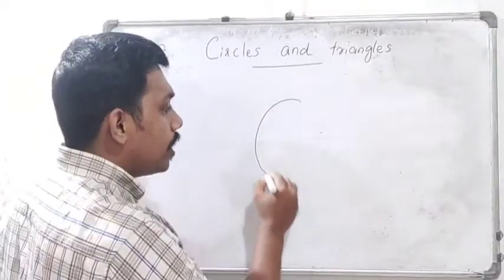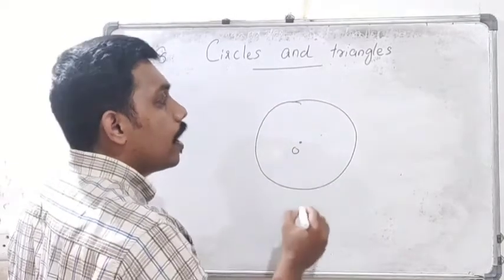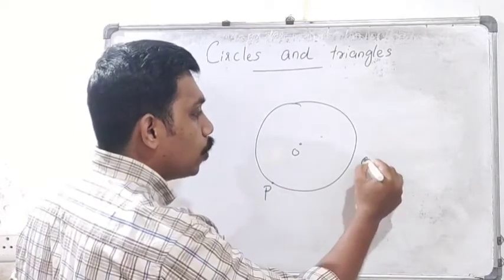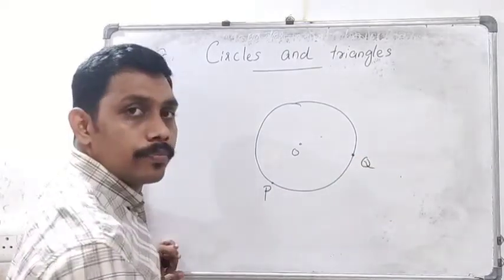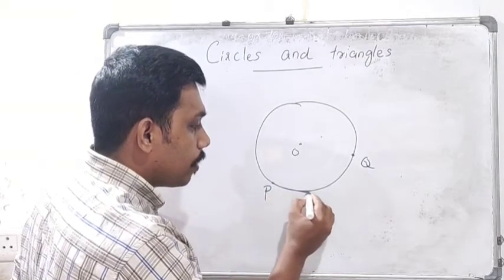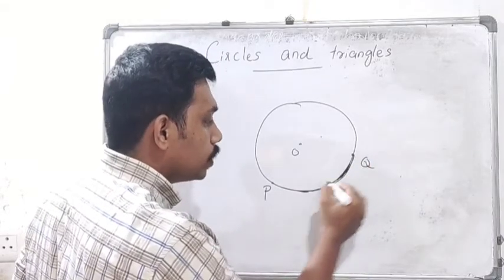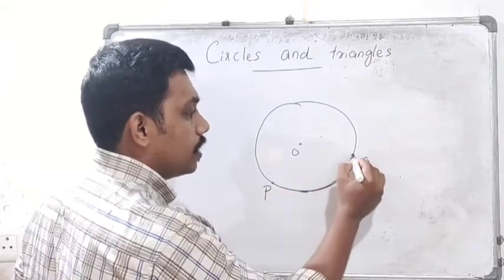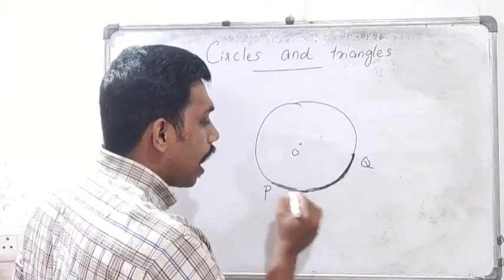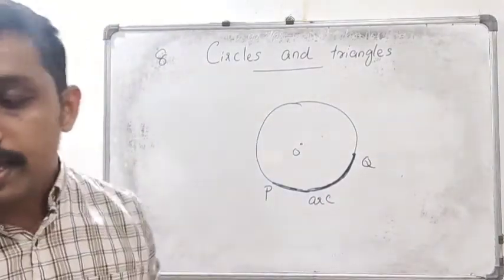Here I am drawing a circle with the center O, and I just note a point P and Q on the circle. So this is a curved path joining P and Q. The part of the circle is called what? Arc. PQ is an arc of a circle.